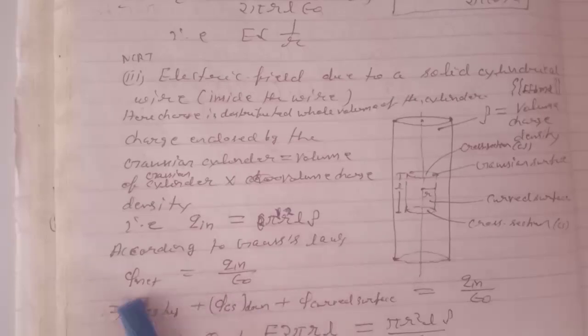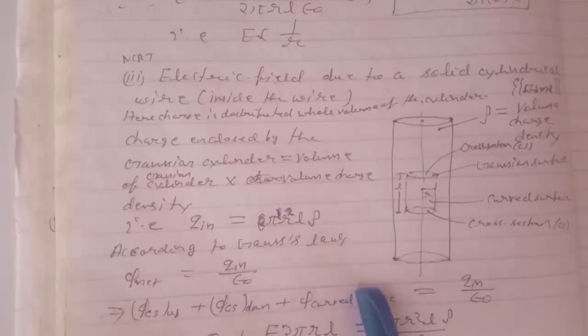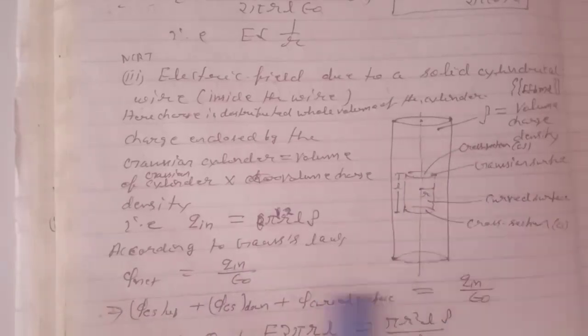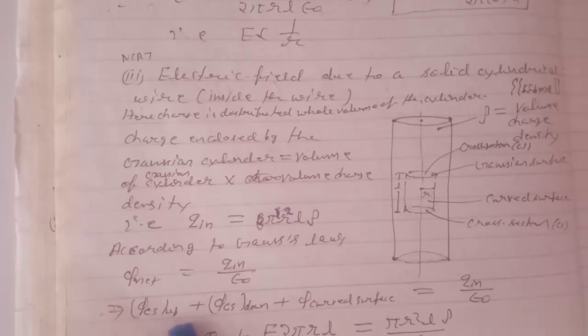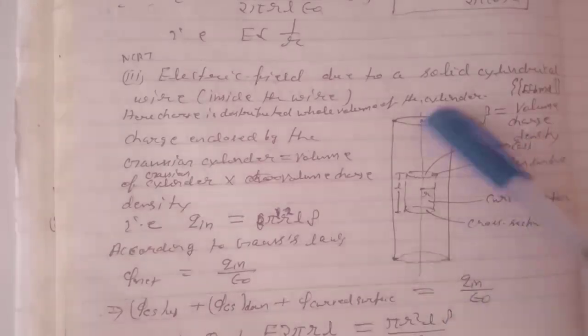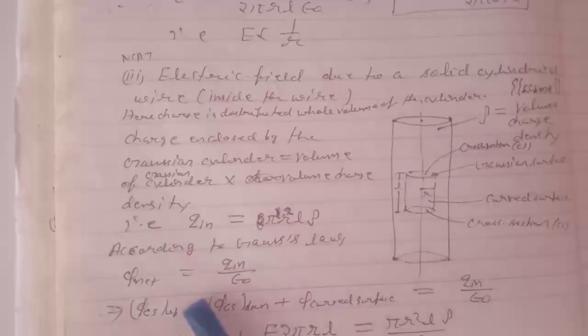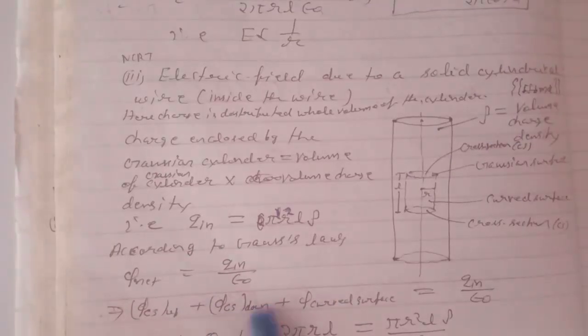According to Gauss's law, phi net equals Q in by epsilon naught. Now for this case, phi from the up cross section plus phi from the down cross section plus phi from the curved surface equals Q enclosed by epsilon naught.